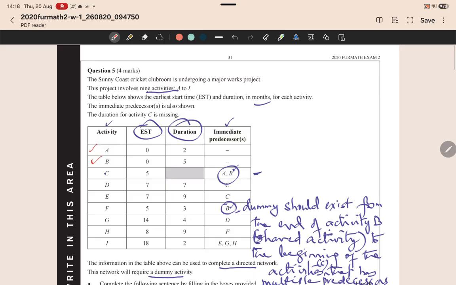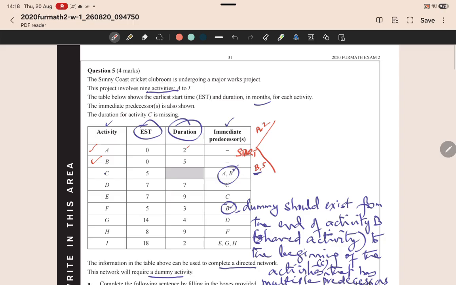Now A and B have no immediate predecessors, so we can assume that they are the beginning edges from the start. And the duration of activity A is 2, and the duration of activity B is 5.